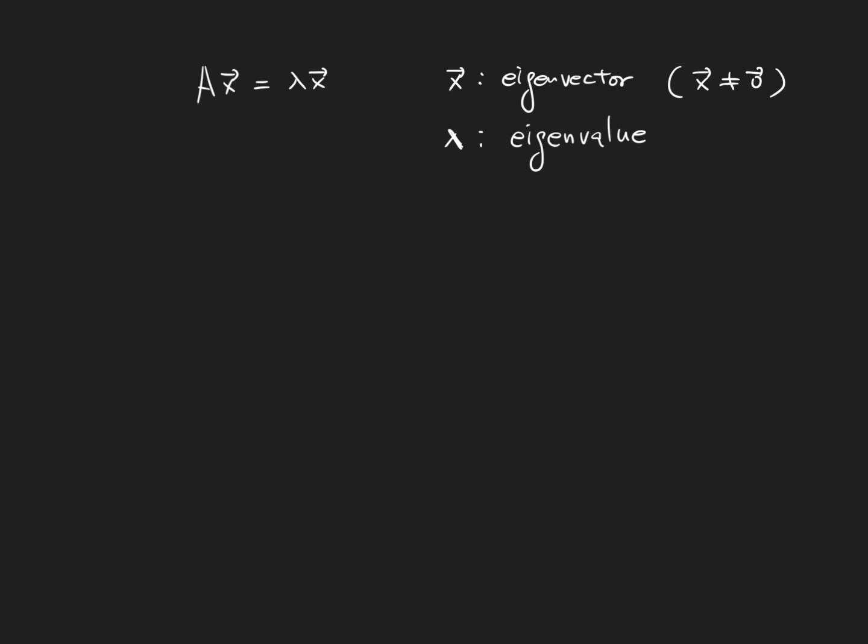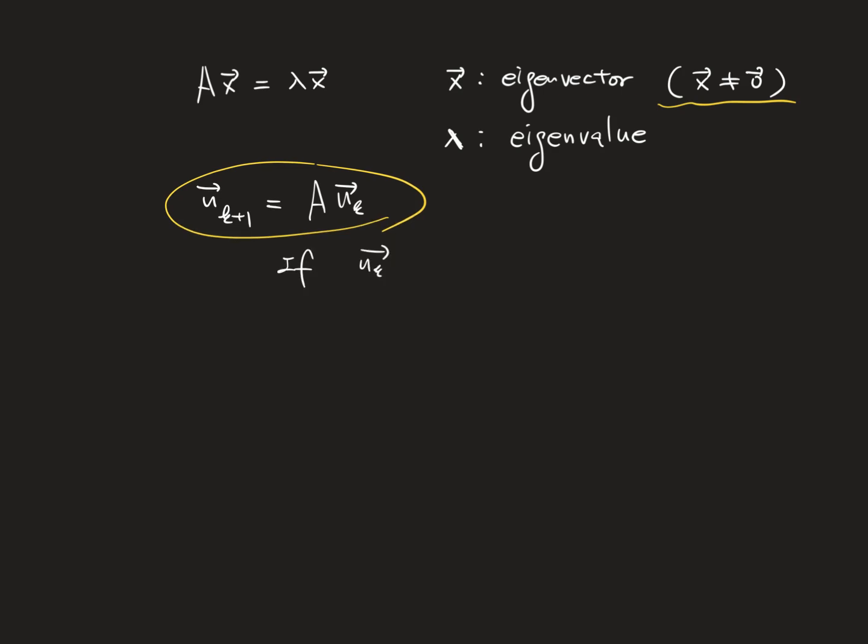And an eigenvector could not be a zero vector. If the zero vector is allowed, the equation is always true because the zero vector equals the zero vector.